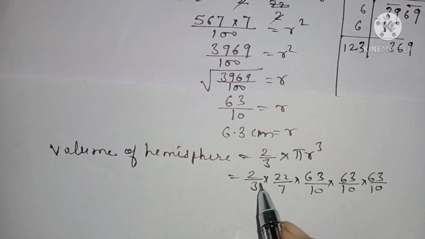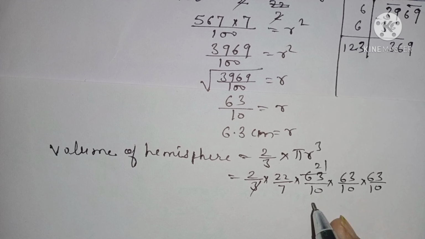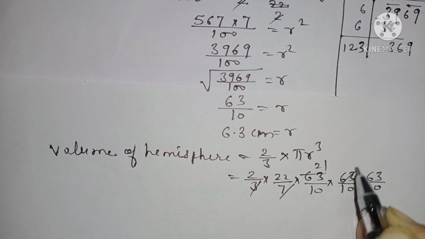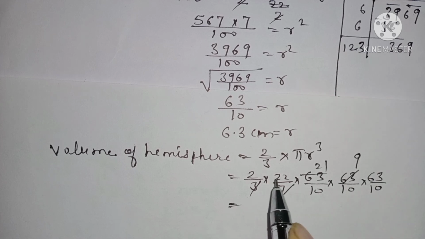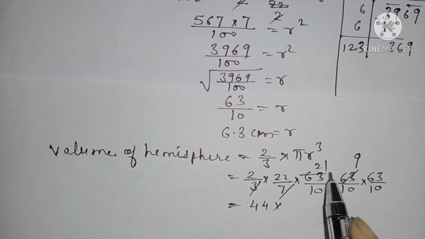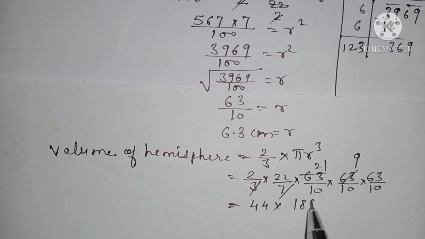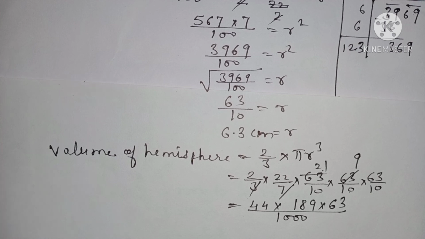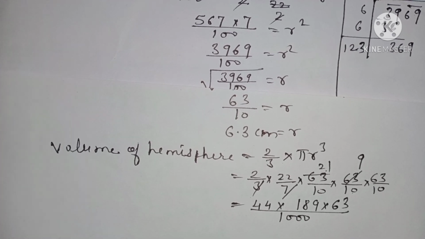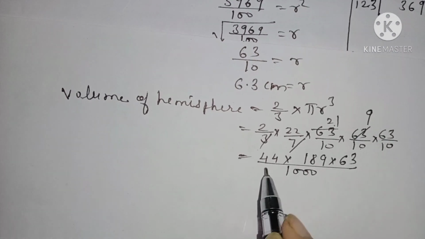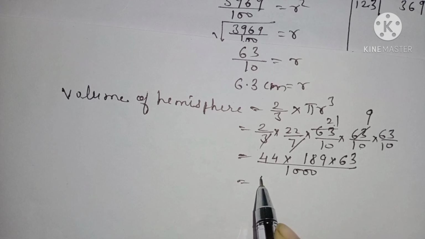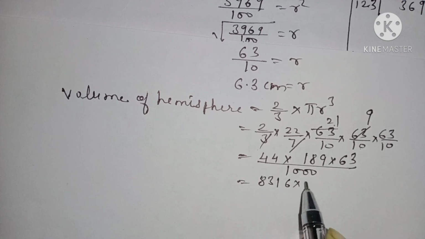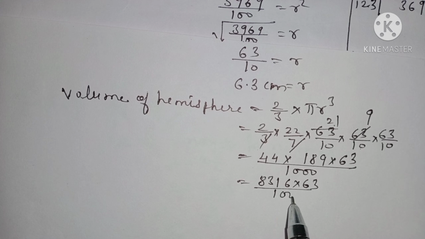This is easier. So 3 2s are 6, 3 1s are 3, then 7 9s are 63. So this is 22 2s are 44, then 21 9s are 189 multiplied by 63 and divided by 1000, since 10 into 10 into 10 is 1000.